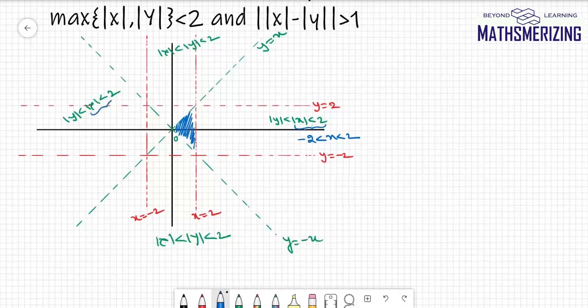Now for this region again, I'll get x equals plus minus 2, so again I'll get this one. For mod y less than 2, y lies between minus 2 and plus 2, and here again as well. The region represented by this curve is the region inside this square.